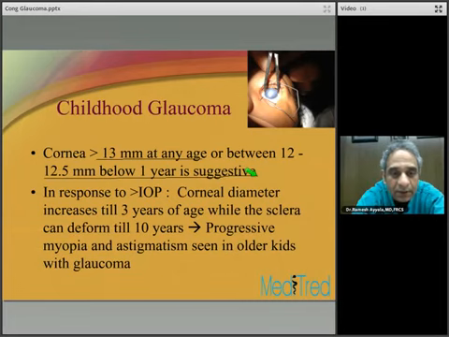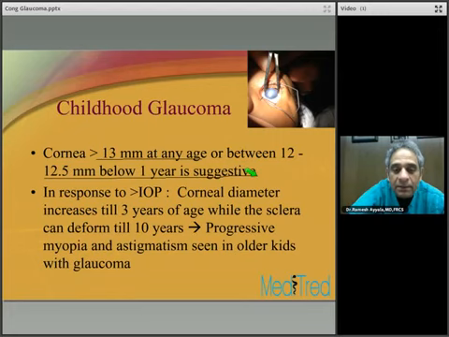In response to increasing intraocular pressure, remember corneal diameter increases till 3 years of age, after which cornea will not increase in diameter, while the sclera can deform till 10 years of age, and that's the reason why if you do not control the glaucoma in this patient population, they can develop progressive myopia and astigmatism.